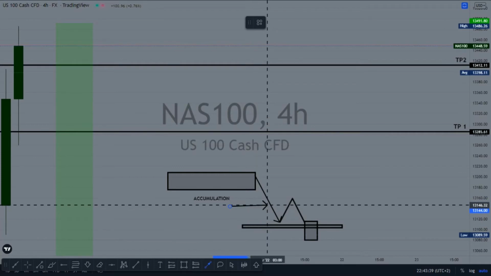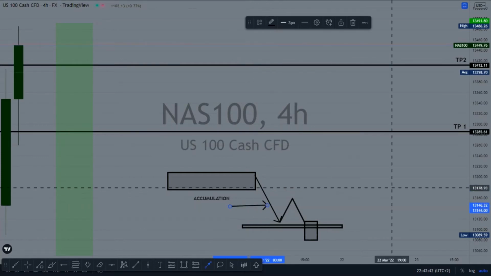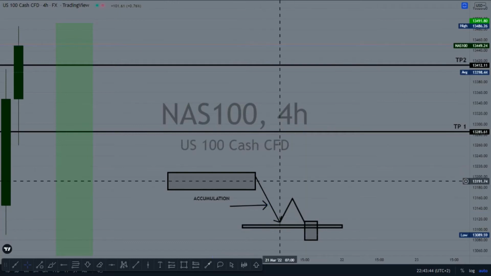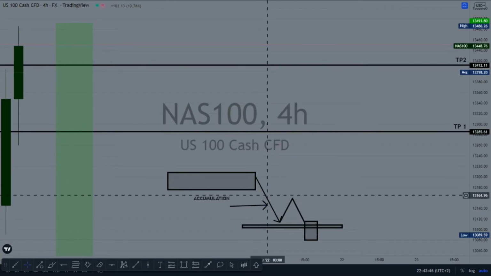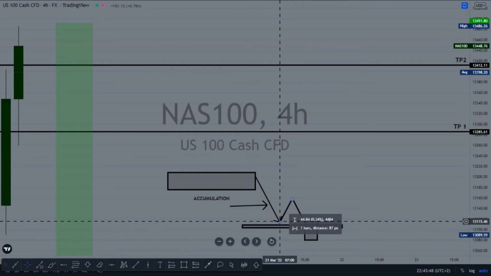In this range where the market gave us the stop hand, the market can give us 3 pushes, 3 candles, like 1, 2, 3, and then we get the low of the day.